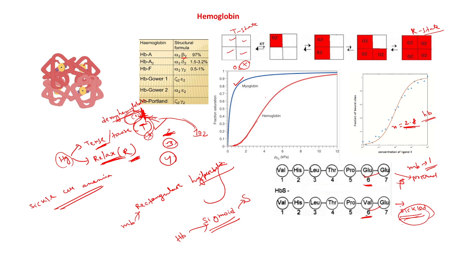Always in sickle cell anemia, the glutamate at the 6th position of the beta chain is replaced by valine. Valine replaces glutamate.